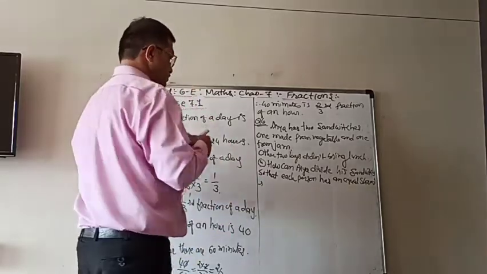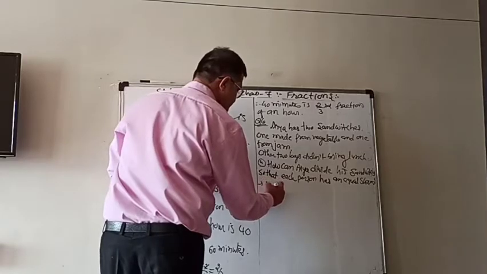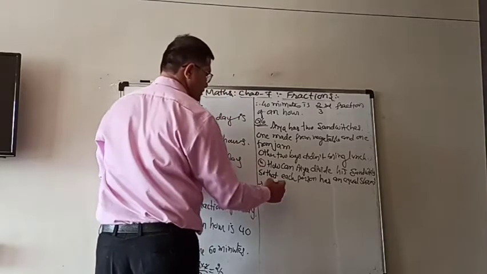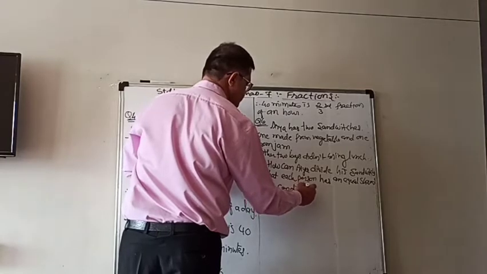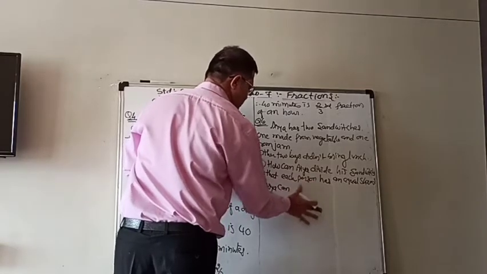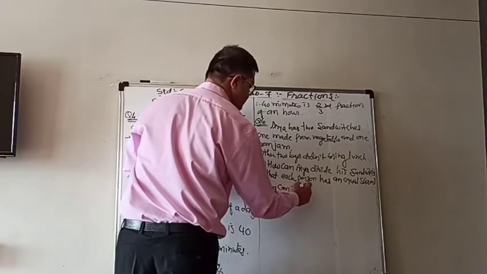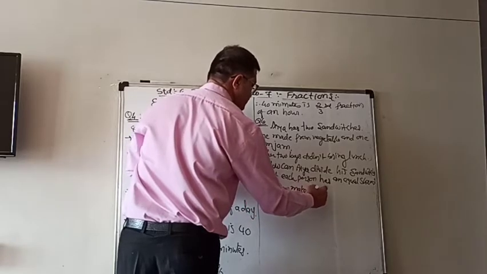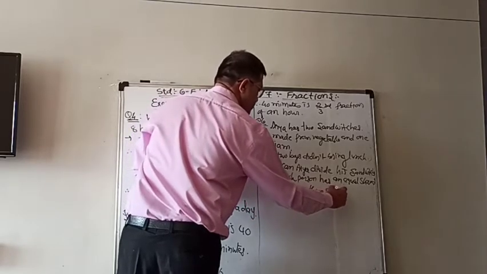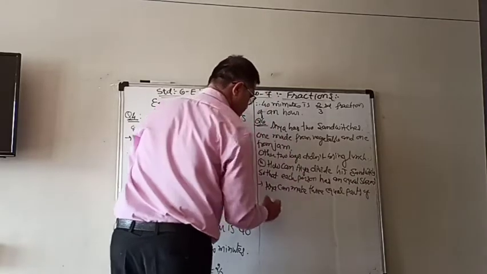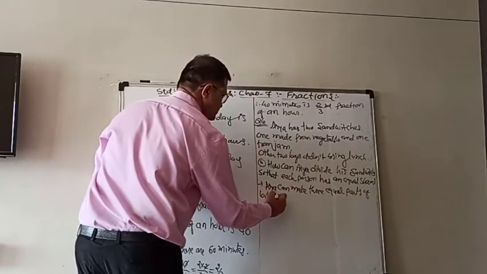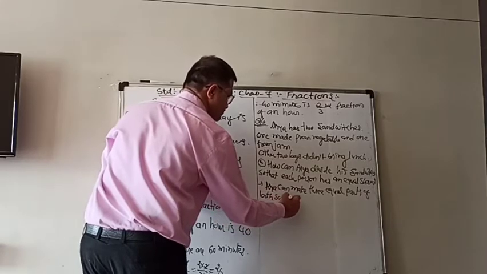So we can write down, Arya can divide, or you can write, Arya can make 3 equal parts of both sandwiches.